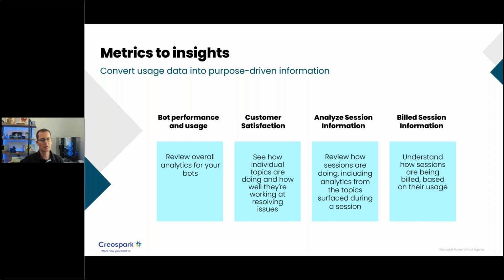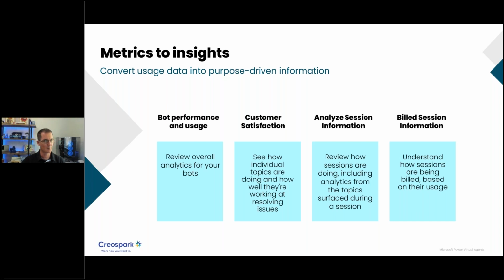Okay, then you can look at customer satisfaction. So drill in to individual topics and see if those topics are set up right to be resolving people's problems. Is a topic being triggered? Is a response being triggered by a particular prompt that does or doesn't make sense?